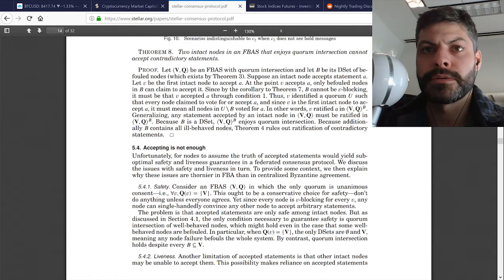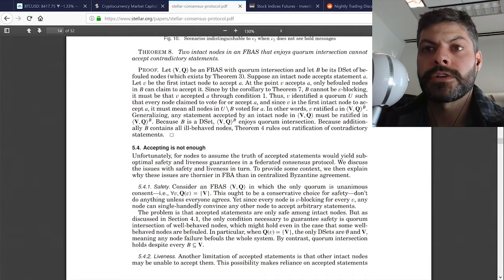5.4.1. Safety. Consider an FBAS ⟨V, Q⟩ in which the only quorum is unanimous consent. That is, for all v, Q(v) = {V}. This ought to be a conservative choice for safety. Don't do anything unless everyone agrees.